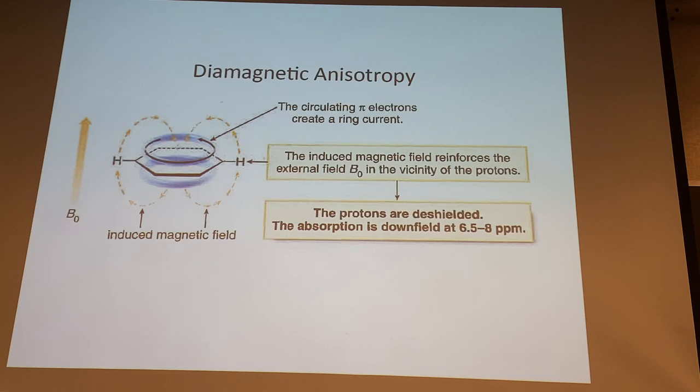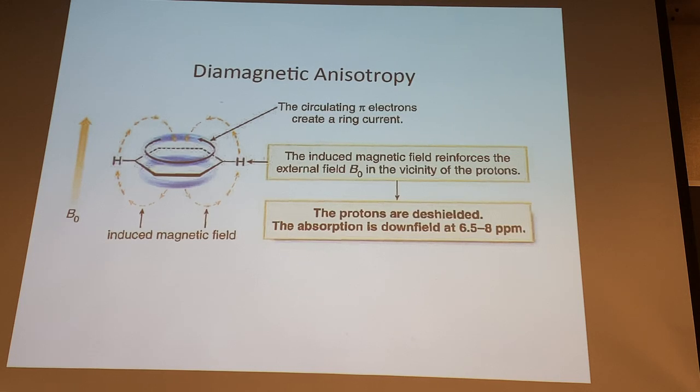And perpendicular to that electrical field, which is circular, you have this toroidal magnetic field that's created by the molecule. So these hydrogens within the molecule feel the combination of the external magnetic field, this is the big magnetic field of your spectrometer, and here's our little magnetic field created by this ring current of electrons, okay?